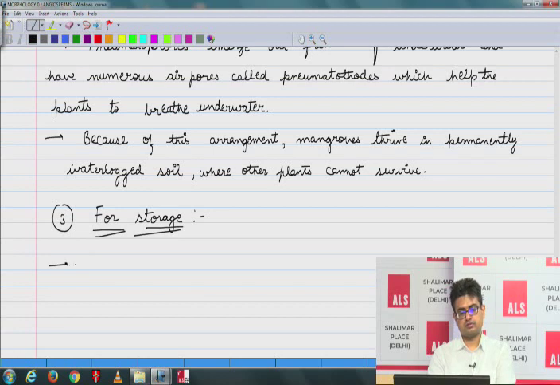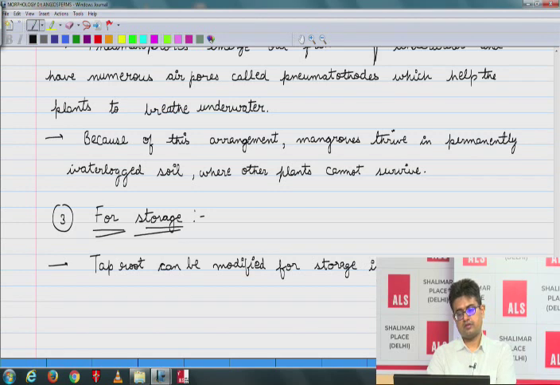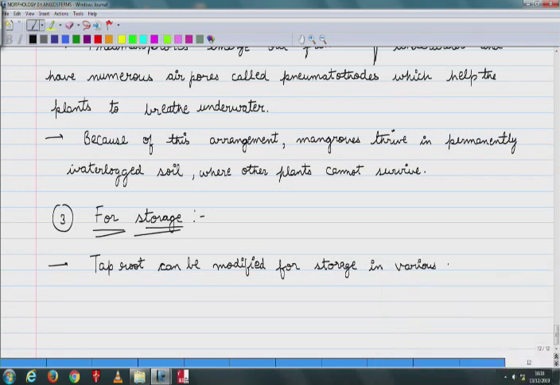Tap root can be modified for storage in various ways, and shape.